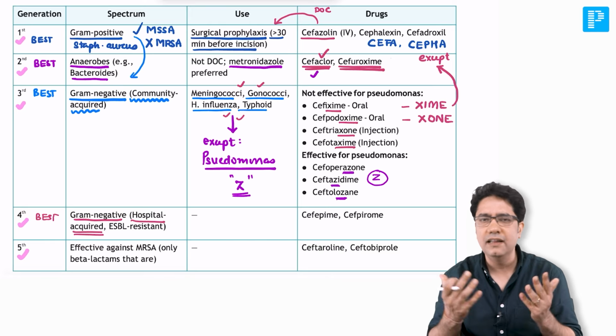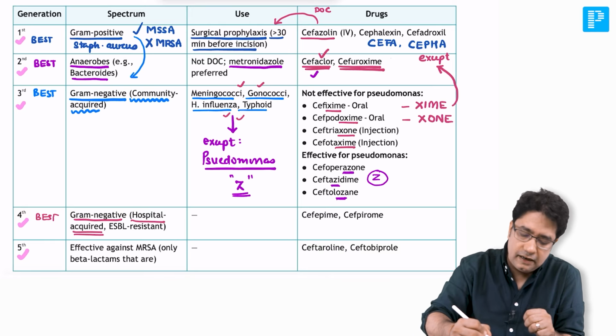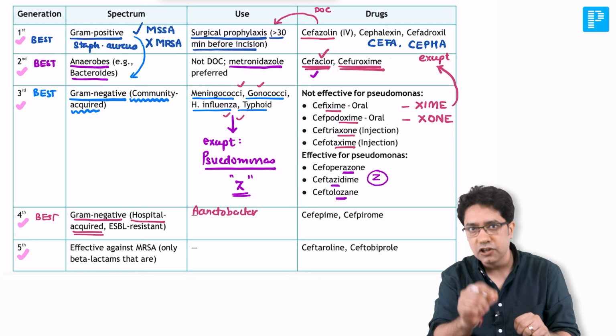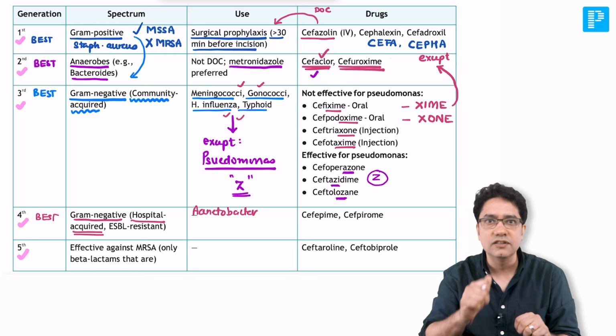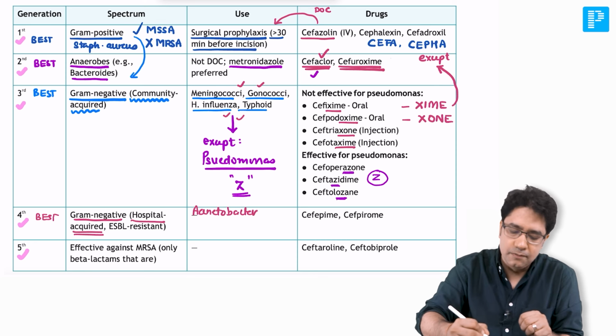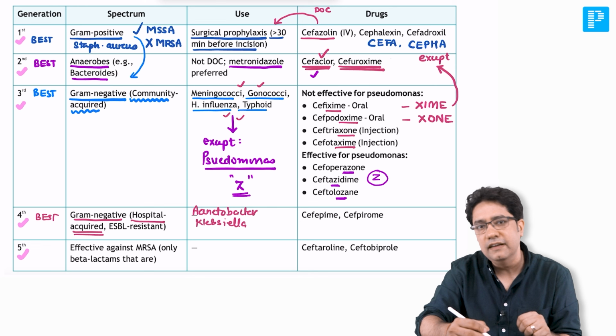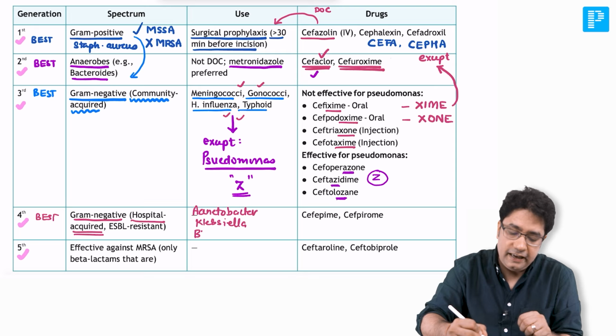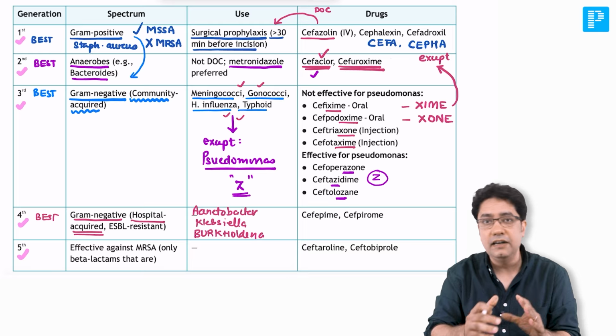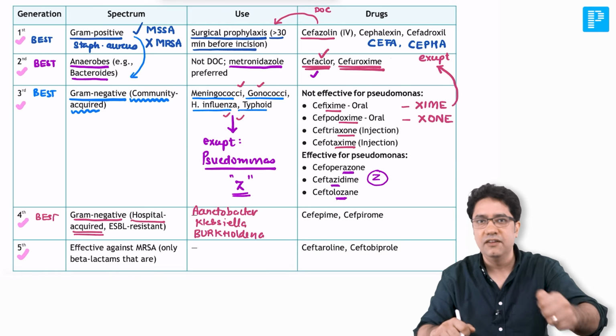Acinetobacter, for example, is rarely seen in community, but in a hospitalized patient it can cause ventilator-associated pneumonia. Similarly, Klebsiella, a very common cause of UTI. Similarly, Burkholderia. So these are gram-negative hospital-acquired infections.